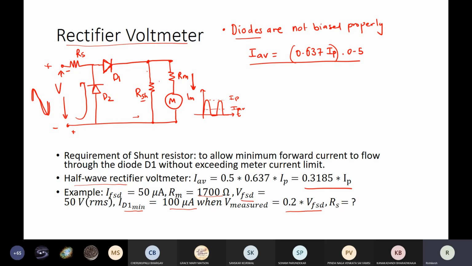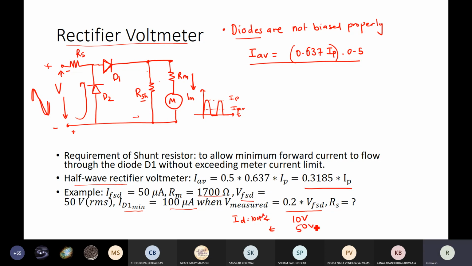Since this current and the voltage are linearly related in this circuit, for 0.2 of full scale deflection, that is for 10 volts, the required current through the diode is 100 microampere.